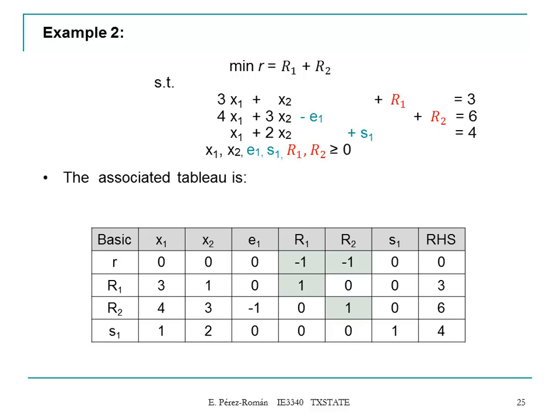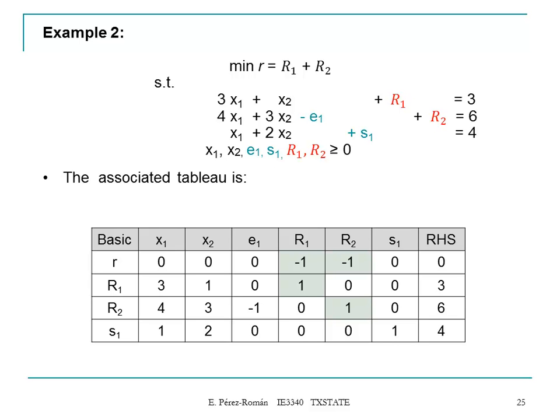So we changed our objective function to this one. We are minimizing the sum of the artificial variables. What we are trying to do by doing that is we want to find an initial solution for our problem, right? That's our goal in the first phase.